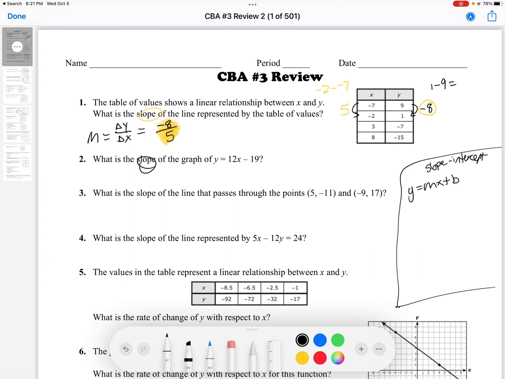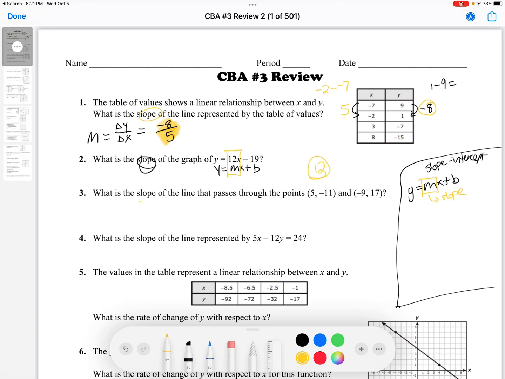This is in y equals form. Remember that it's m, that's the slope. So here our slope is 12. All right, our slope is 12.